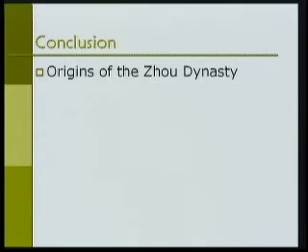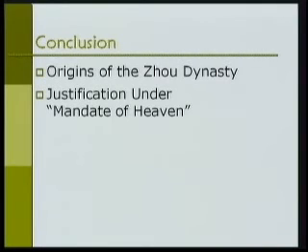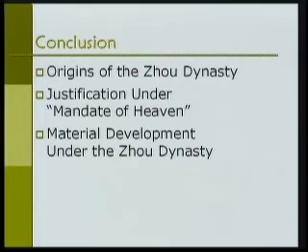So let's see further what we did today. Well, we focused on the origins of the Zhou Dynasty, how it ruled and what it did. First, beginning with the Western Zhou and then moving to the Eastern Zhou, and their coming into being under the justification of the mandate of heaven, how they used this religious philosophy for political justification.